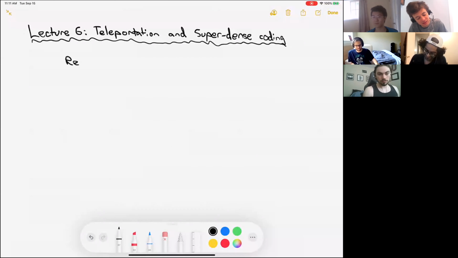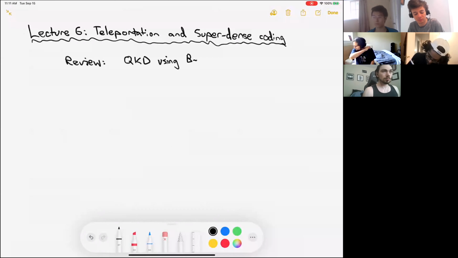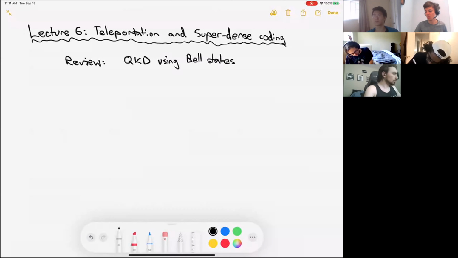So, last time we first covered QKD using Bell states. The basic idea was that if you had some Bell state shared between Alice and Bob, and they did random measurements on that Bell state in either X basis or Z basis, then that state was the only state that has perfect correlations for both of them.